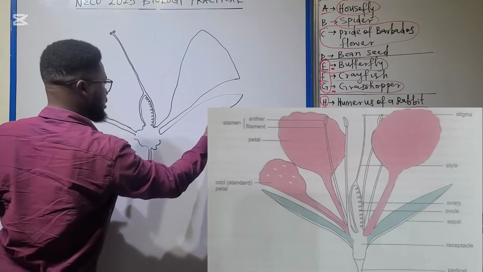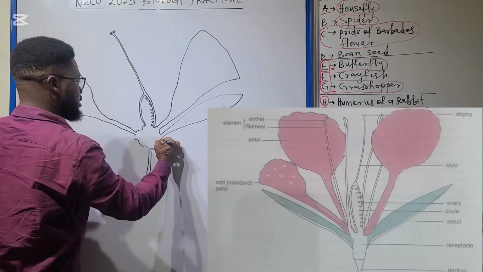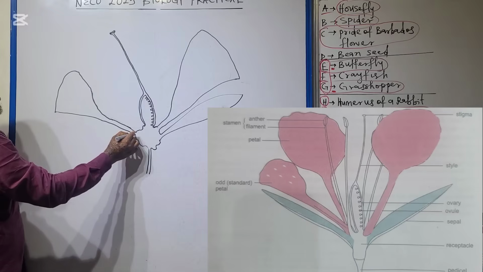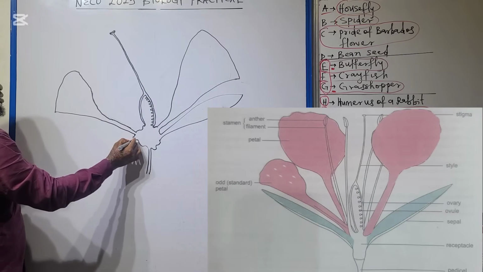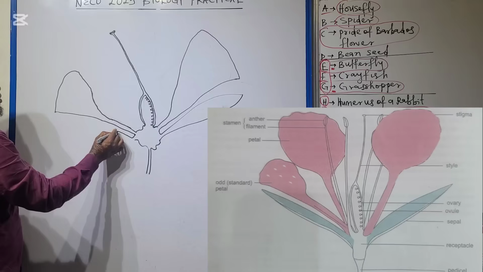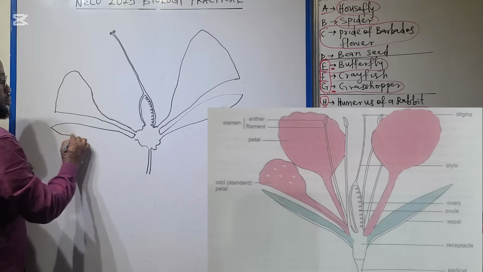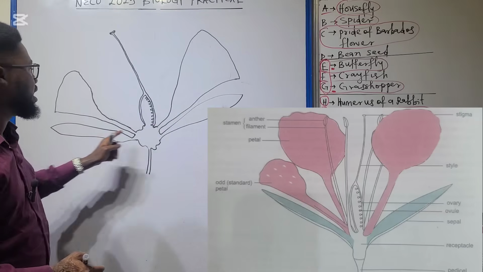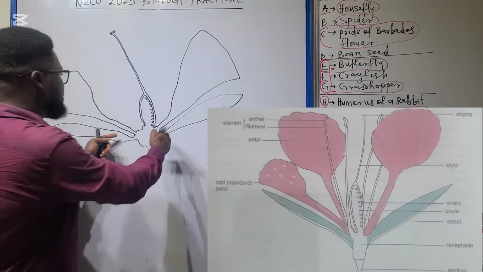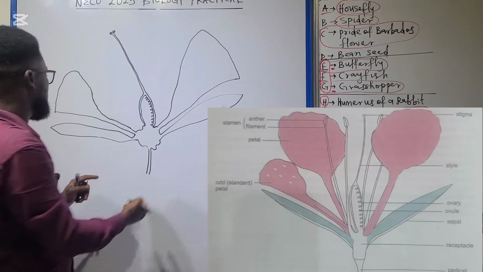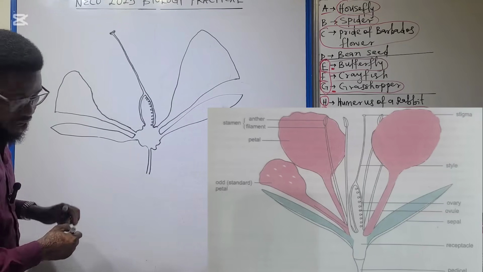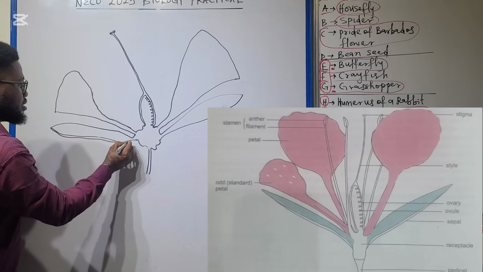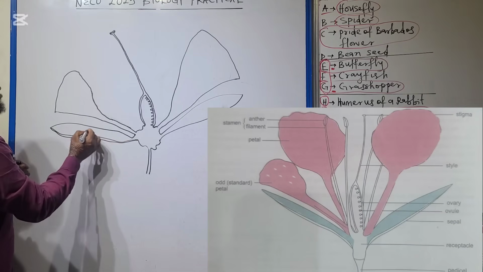We go something like this. This here is the receptacle. And joining the receptacle here, we could go something like this. This is the receptacle. These here are the sepals. That's the part that protects the inner walls of the flower.